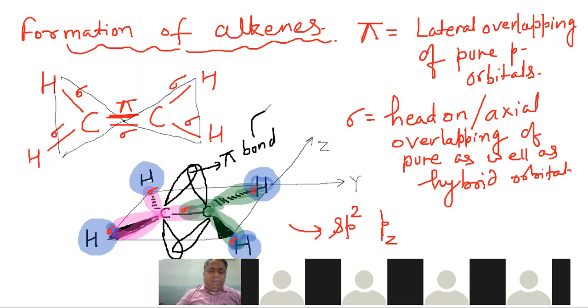This pi bond is a weak bond, but an electron-rich bond because it contains an electron cloud. This electron cloud can be shown like this.